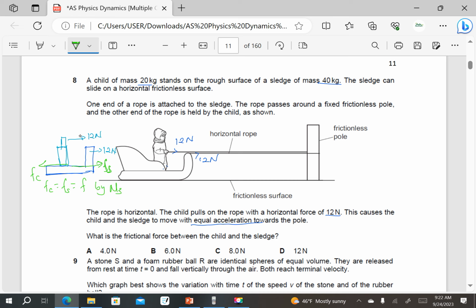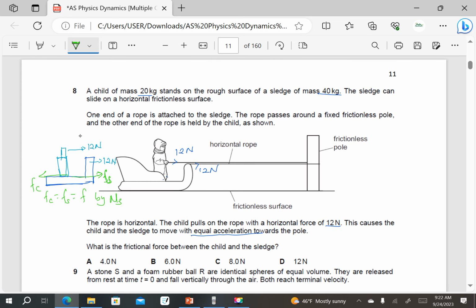Okay, so using equilibrium principles, let's look at these forces.